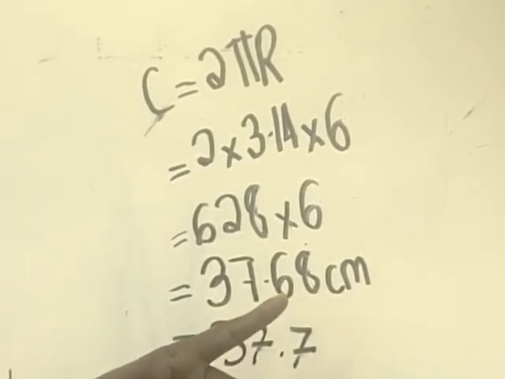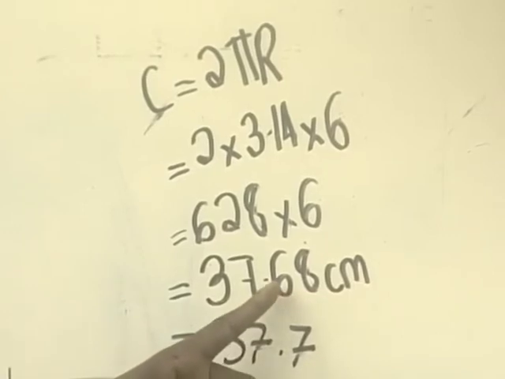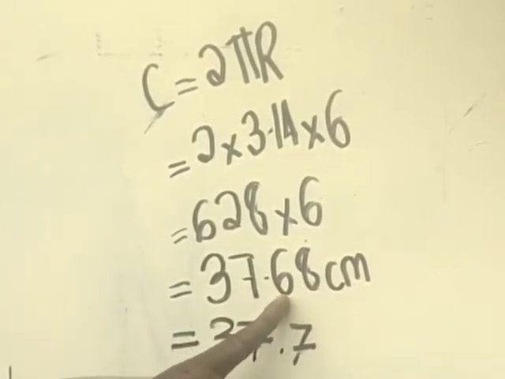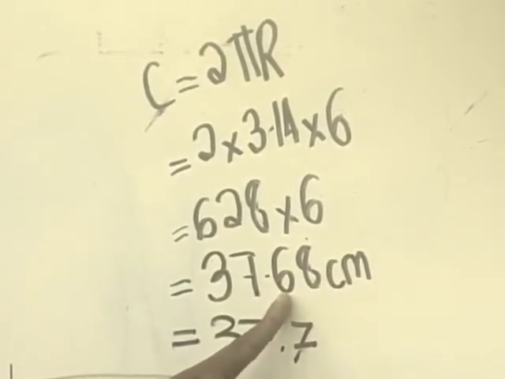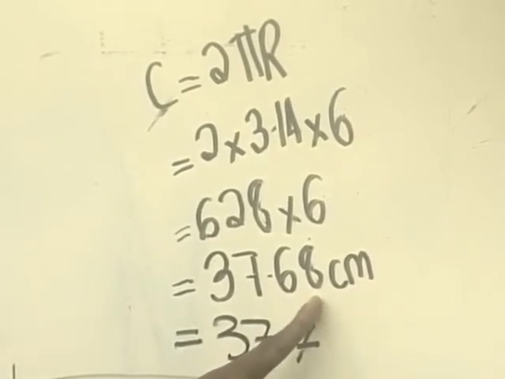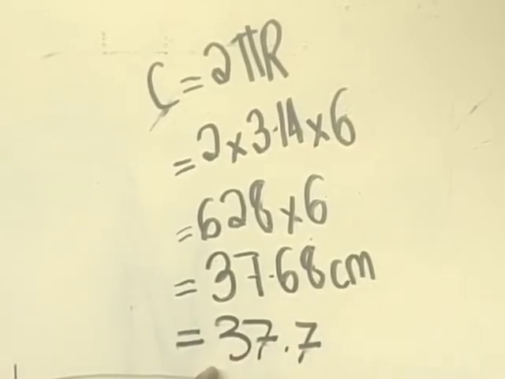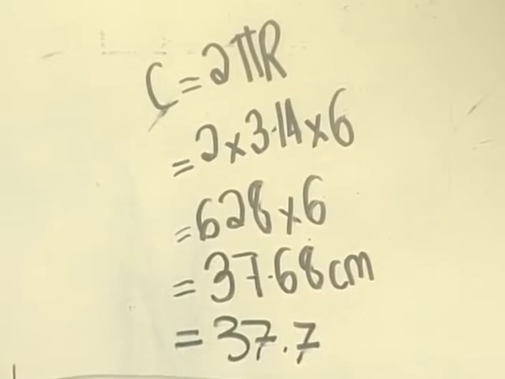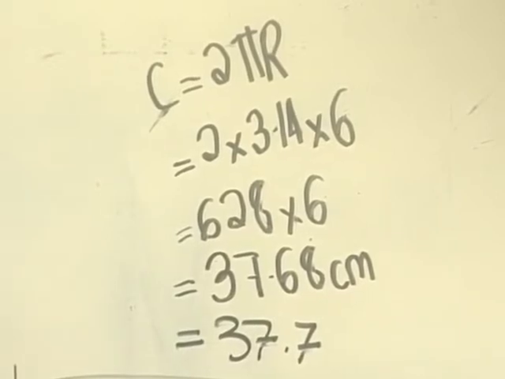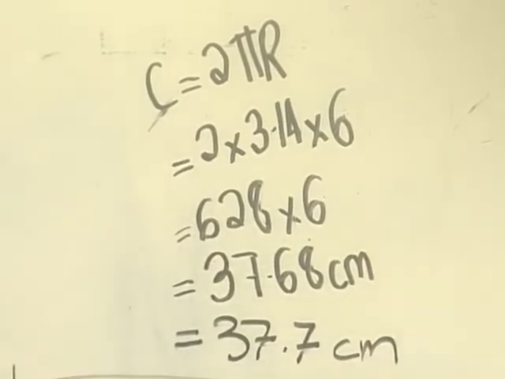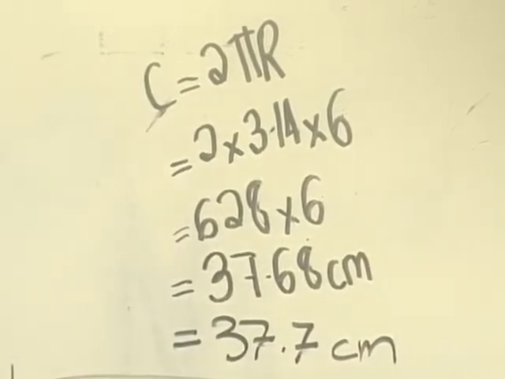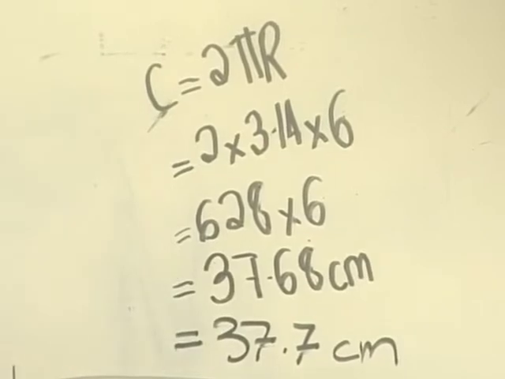We are rounding the answer to one decimal place, so this 6 becomes 7. We are increasing it to 7 because 8 is bigger than 5. So this answer to one decimal place is 37.7 centimeters. So receiving students, please make corrections on that.